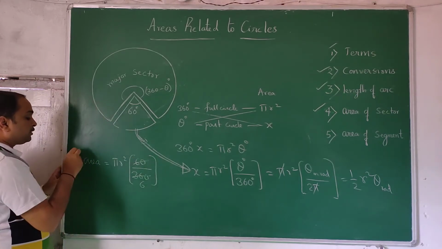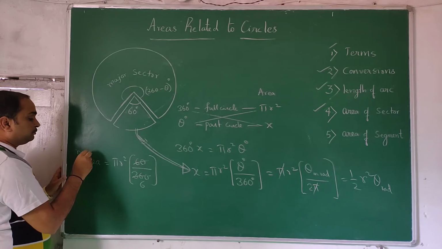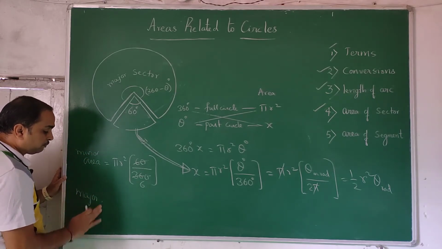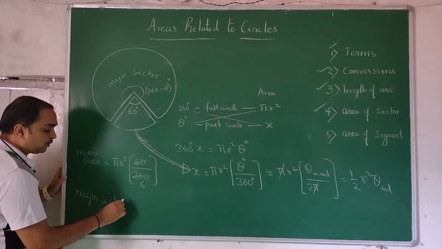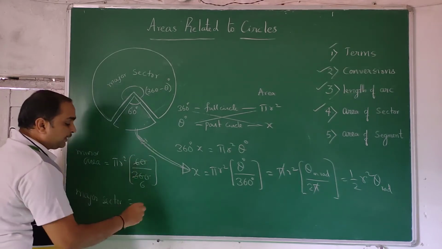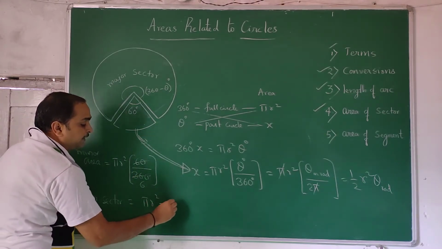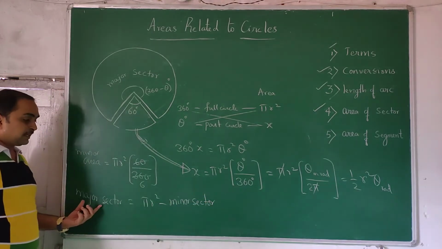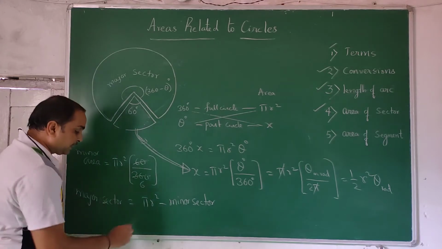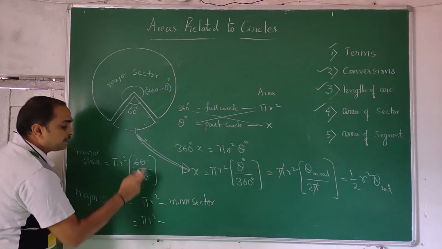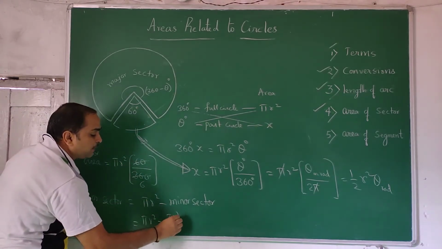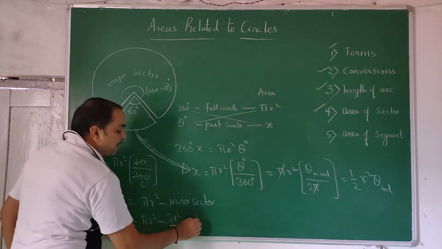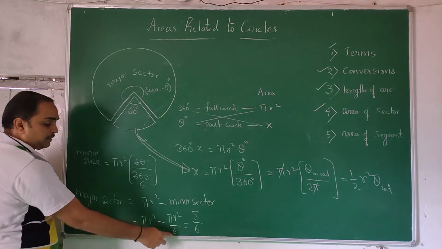Sometimes you want the major sector. The major sector is equal to the full circle area, pi r square, minus the minor sector. This is pi r square minus whatever you got, pi r square by 6. So 6 ones are 6, minus this, so 5 by 6 times pi r square.